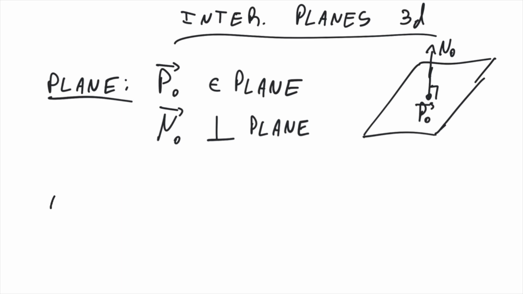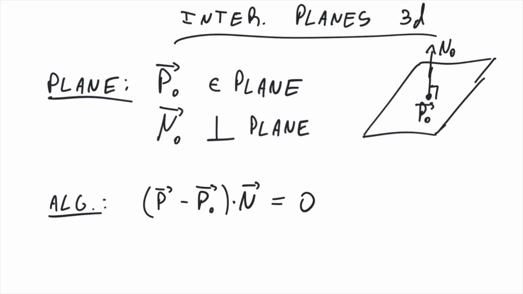There is also an algebraic description of the plane, which we can write as: any point on the plane should be orthogonal to the normal. So let us parse this. Any point P on the plane, for example this one, has a vector that goes from P0 to it, and that vector should be orthogonal to the normal of the plane.